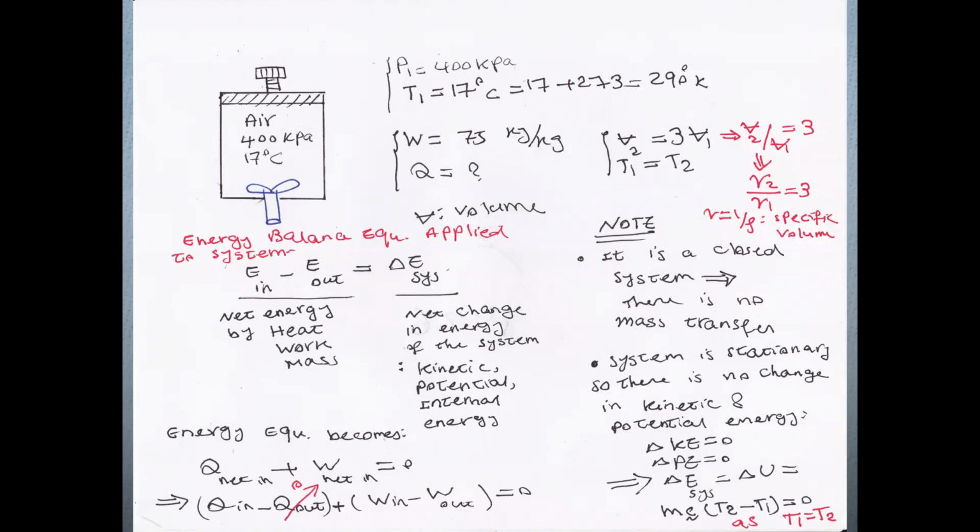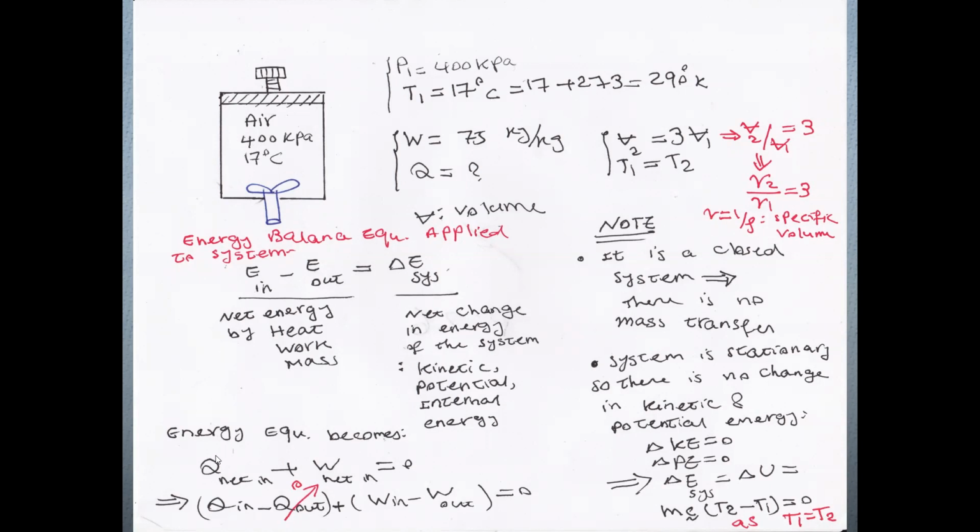Anyhow, going from state 1 to state 2, temperature remains constant. So T2 and T1 are equal, and there will be no change in internal energy. So that goes to 0 too. Basically, the right side of this equation is 0.